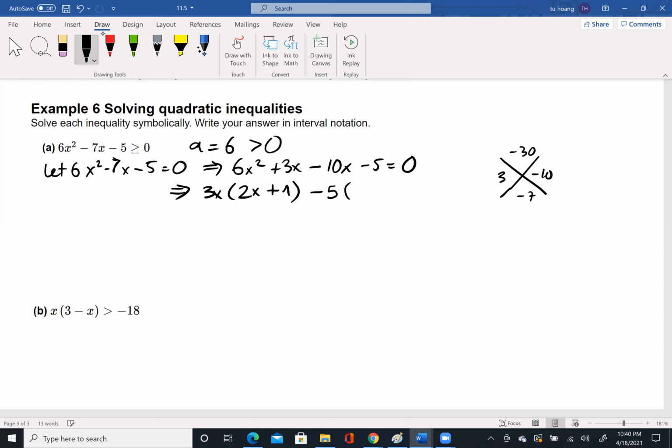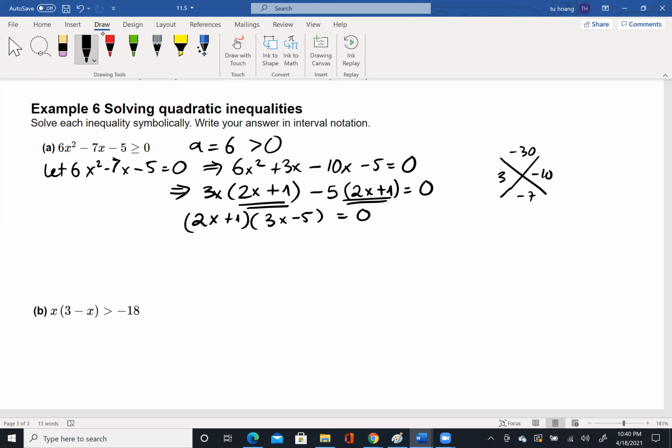So I have 2x plus 1 equals 0. And then I factor out 2x plus 1 from these two big terms. Then I will have 3x minus 5, and that gives me 0.